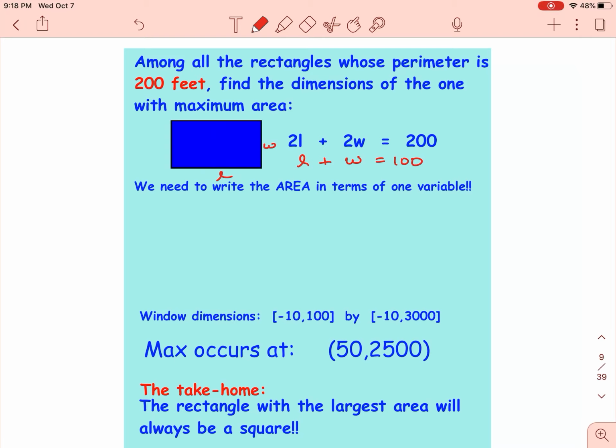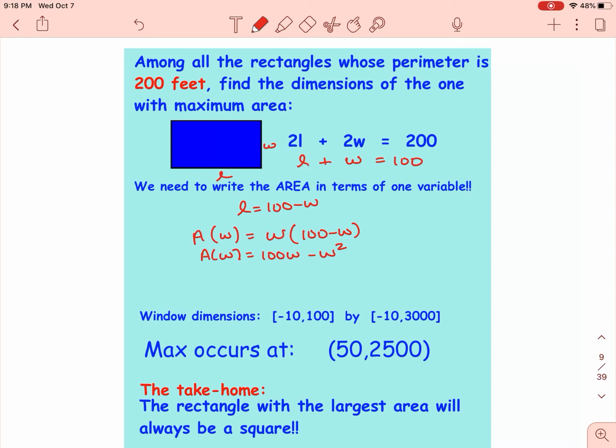We need to write the area in terms of one variable. So I'm going to say that L is equal to 100 minus W, which means my area, instead of L times W, in terms of W is going to be W times L, which is 100 minus W. So A of W equals 100W minus W squared.